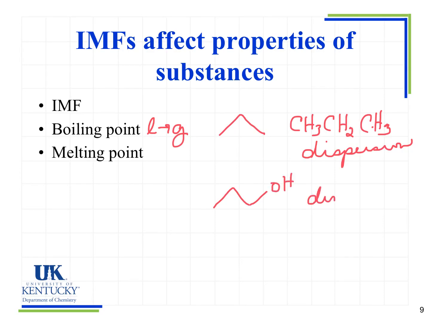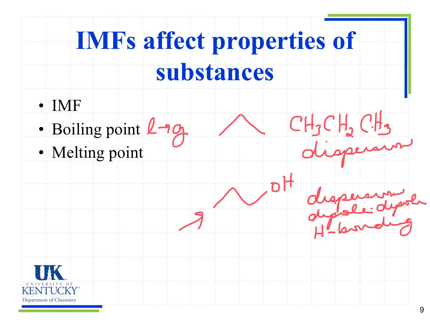Now we have dispersion, dipole forces, and we have hydrogen bonding. And so because our intermolecular forces are much stronger, what we see is that the boiling point of propanol is actually much higher than our propane.